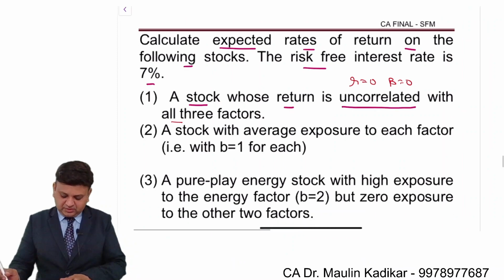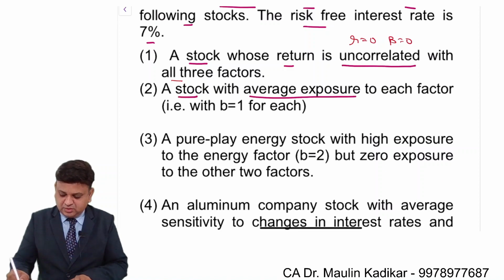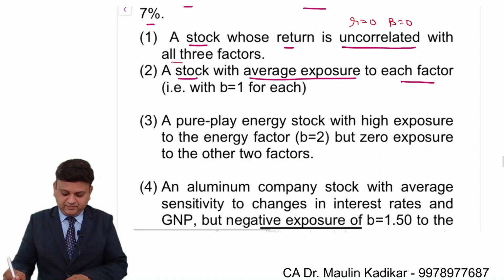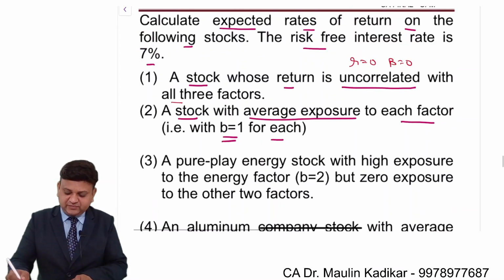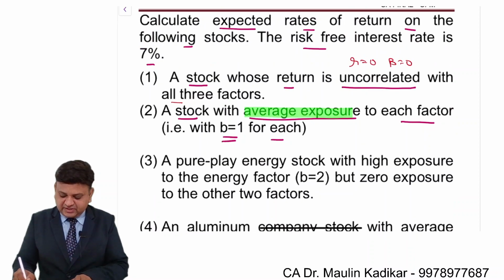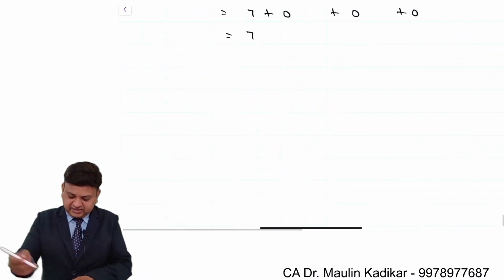Second part of the question. A stock means a security with average exposure to each factor. That is, beta is 1 for each. So friends, whenever the question says that it is average exposure, then in that case you are required to take beta as 1. So we will compute the answer for the second question like this.